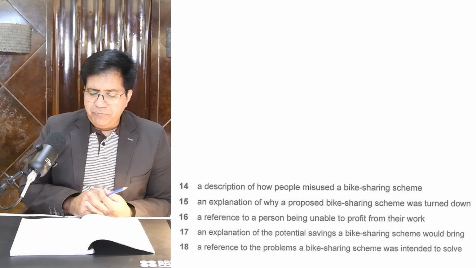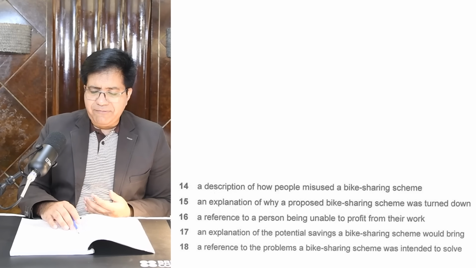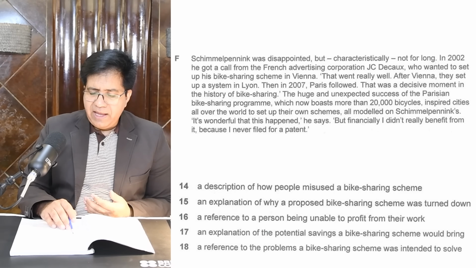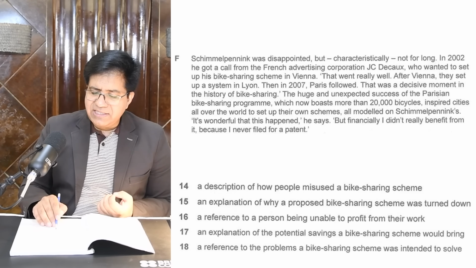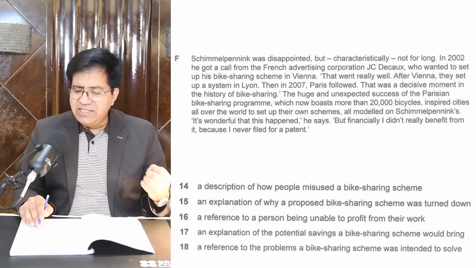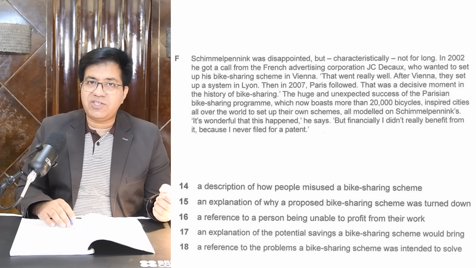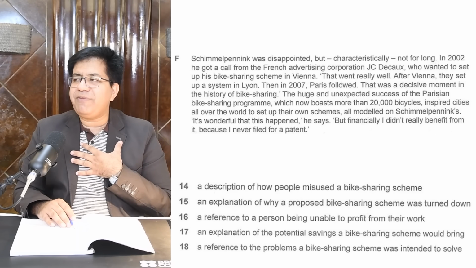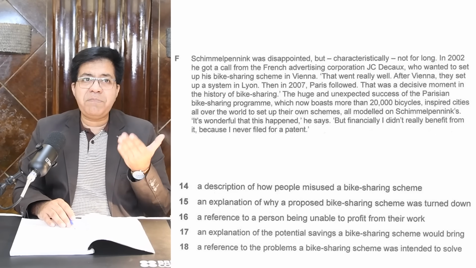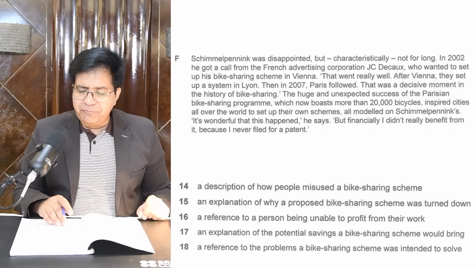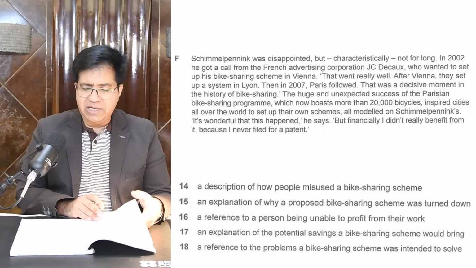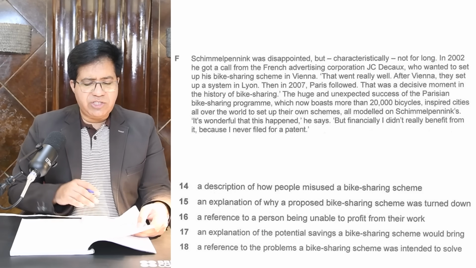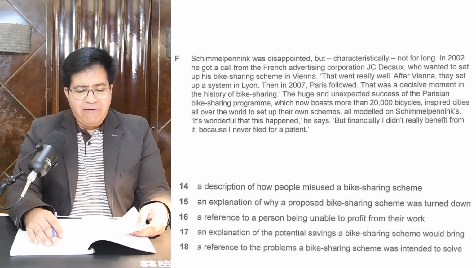Name of person who did not make any profit. Okay, that is F. Schimmelpennink. And in the second last line, he says, found it? He says, but financially, I didn't really benefit from it. What does it mean? He did not make any profit. And the name of person is given in the beginning, that is Schimmelpennink was disappointed. So question number 16, correct answer is F.